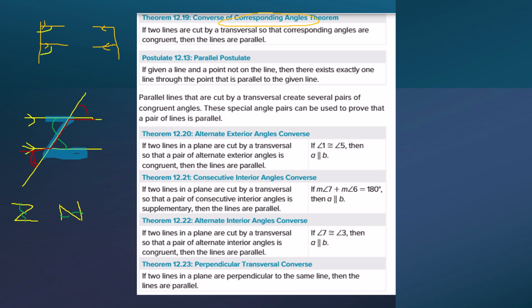So we have the Z, we have the F and the N. Most importantly, the easiest one to always remember is vertically opposite angles. So in vertically opposite angles, we use the letter X. Whenever we have an angle opposite each other, equal to each other, then they are vertically opposite angles.